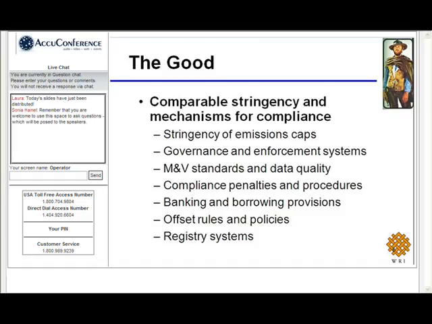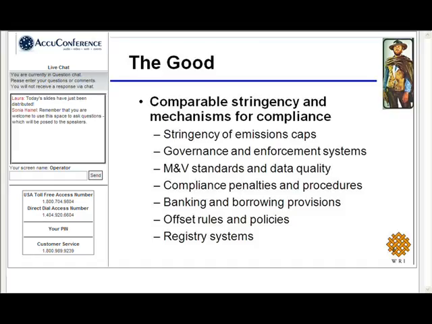If you're concerned about environmental integrity, you're probably going to have hesitations about linking to a system that has much more lenient rules for additionality, or is less conservative in terms of estimating baseline emissions and quantifying reductions, or has lax monitoring and verification procedures and things like that.